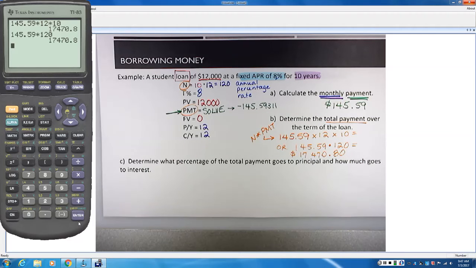Now the last part says, what percentage of the total payment goes to principal and how much of it went to interest? And that's kind of an interesting question.